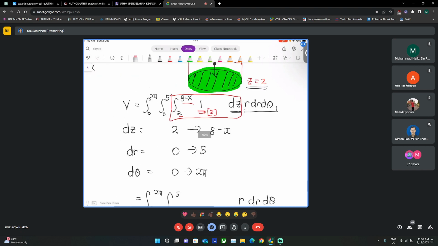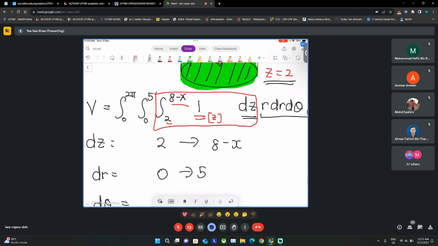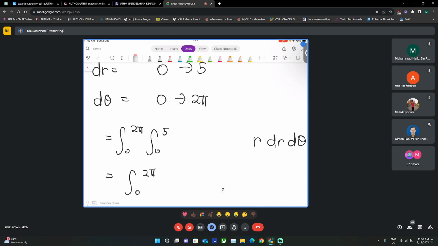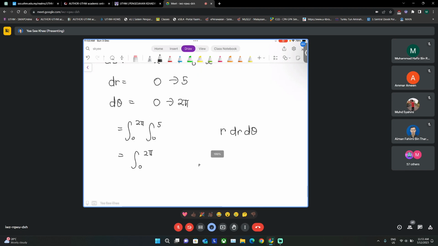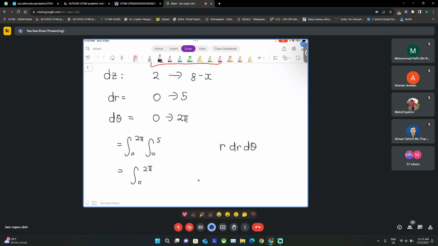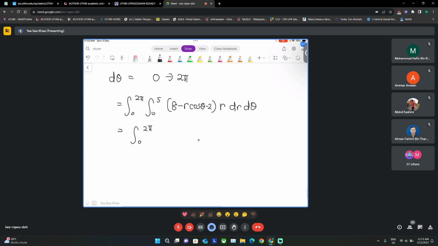So let me erase it. Okay, so this is 8 minus r cos theta minus 2.